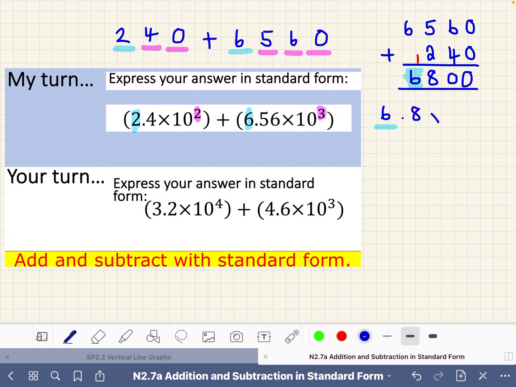We know we're going to have times 10 in our standard form answers, and the power is determined by the number of numbers after the first number. So we've got 1, 2, 3, which means we have a power of 3 here. Press pause and try the your turn question.